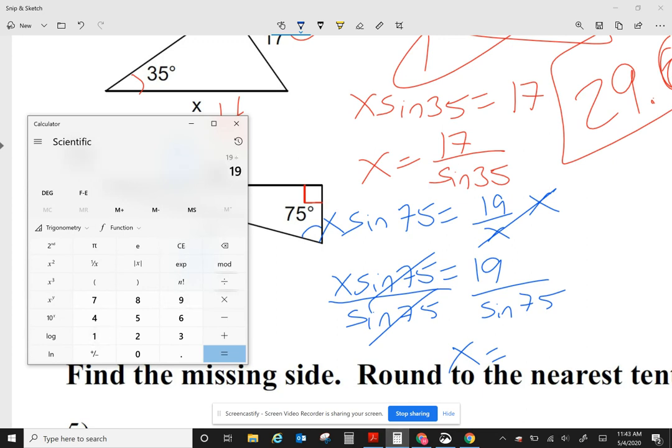Go 19 divided by, in my case, I had to press 75 first, and then sine. Don't forget the equal sign at the end. 19.67. So I'm going to call that 19.7.